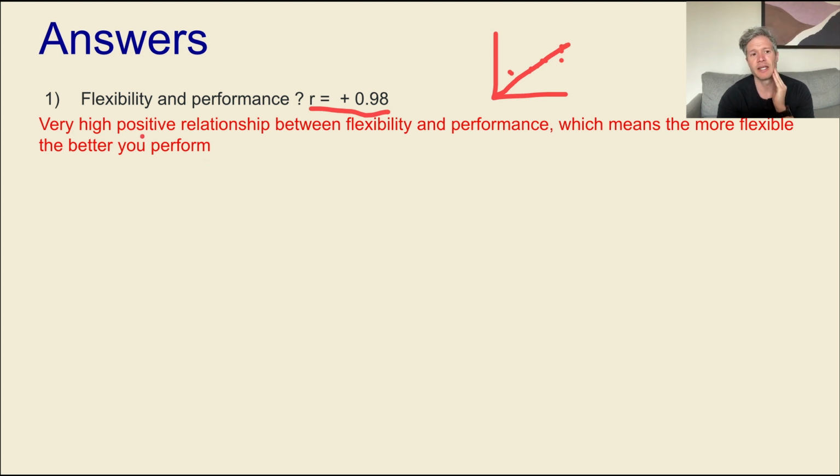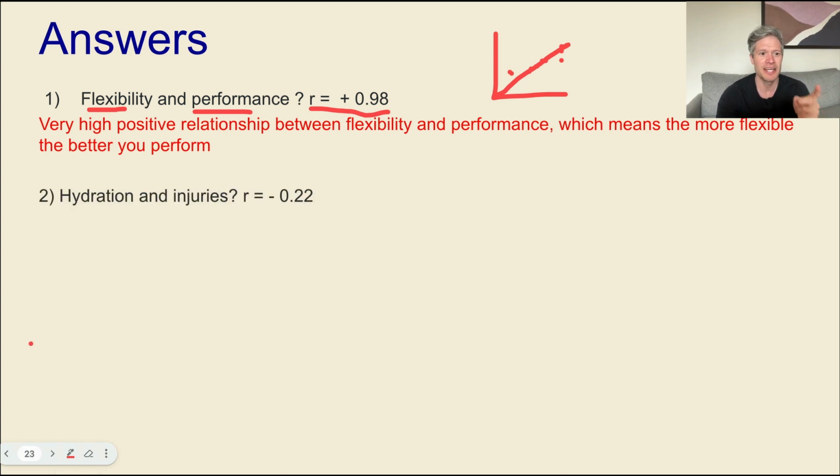So that's saying there's a high relationship: as flexibility increases, performance increases. That's what this study would say. They actually found this isn't necessarily 100% true. You can actually be too flexible and have too much range of motion. That actually increases your chance of getting injured and prolonged injury, but I digress.